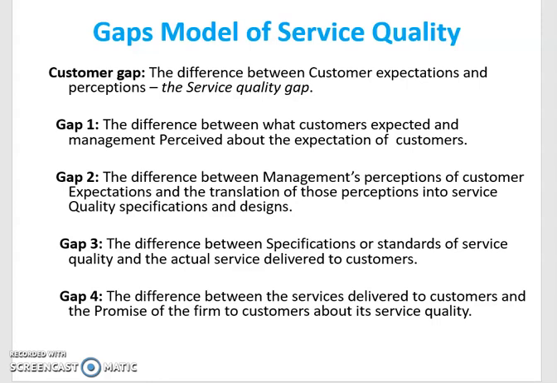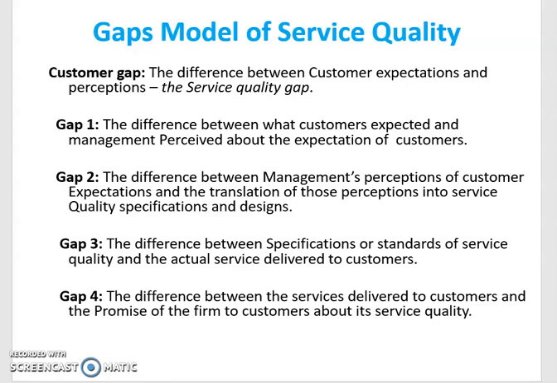And this gap model of service quality, which is sometimes also called the customer service gap model, usually comprises 5 gap models, and it was initially proposed in 1985. The basic importance of this model is that it demonstrates how customer satisfaction is essentially a function of perception.